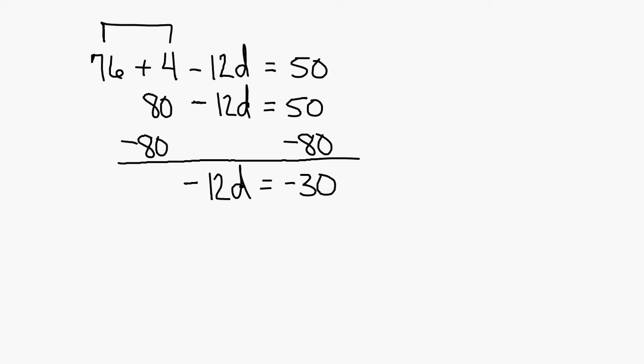And then you could divide both sides by negative 12. The 12s will cancel, the d comes straight down, and negative 30 divided by negative 12 is going to be a positive. 30 divided by 12 is 2.5.